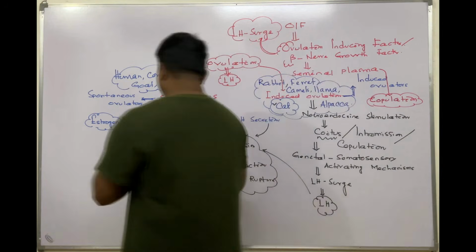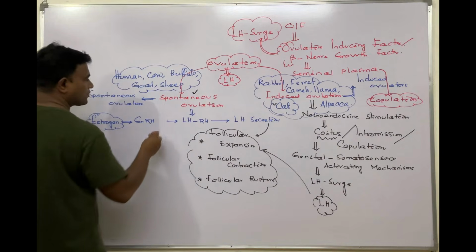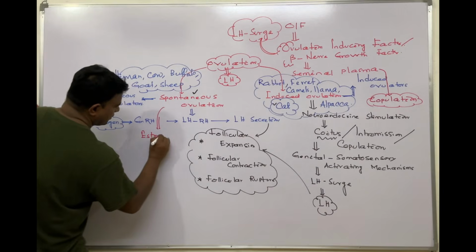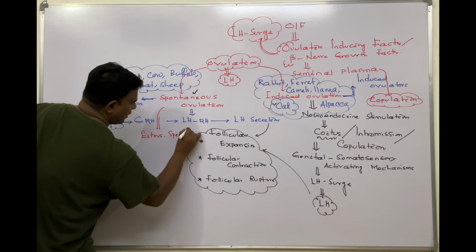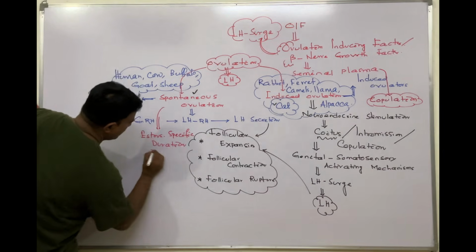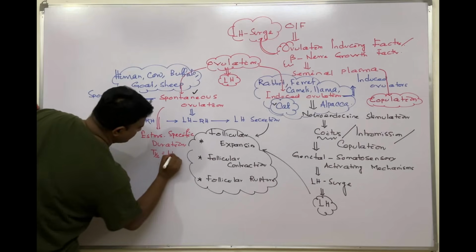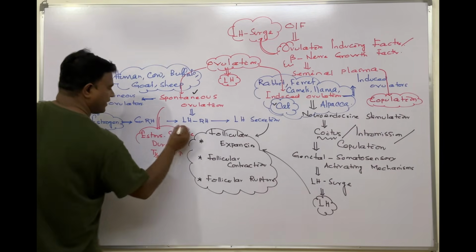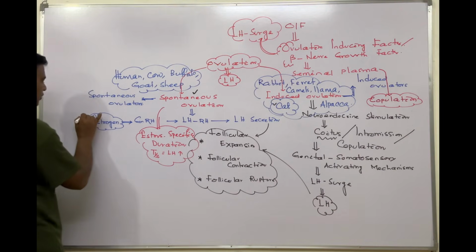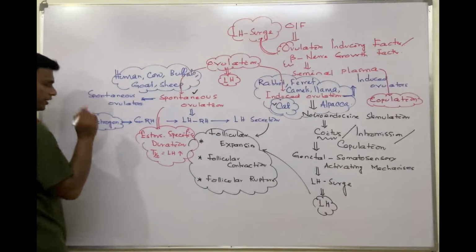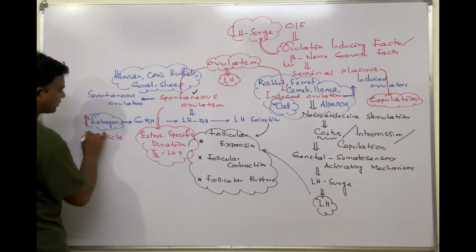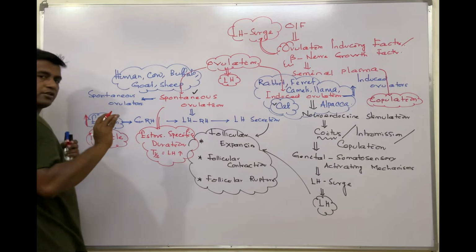In spontaneous ovulation, it is mostly stress specific and it remains for a short duration. The half-life of LH is quite long in this case. And here stimulation is not important; rather, the circulating level of estrogen is more important. The larger the follicle, the more the stimulation that regulates.